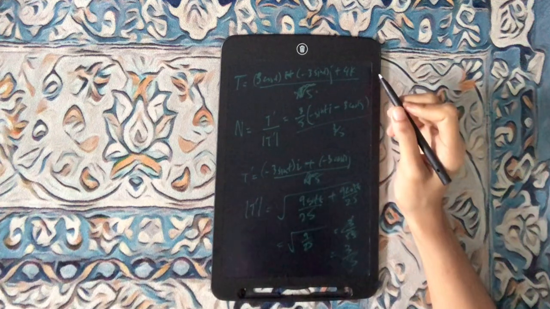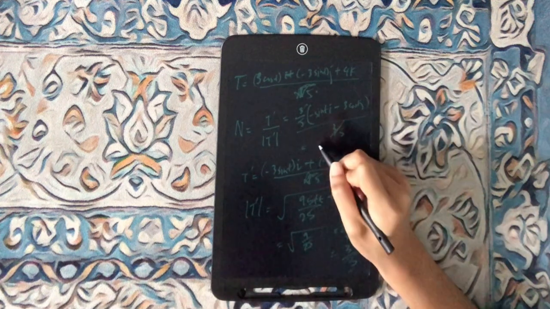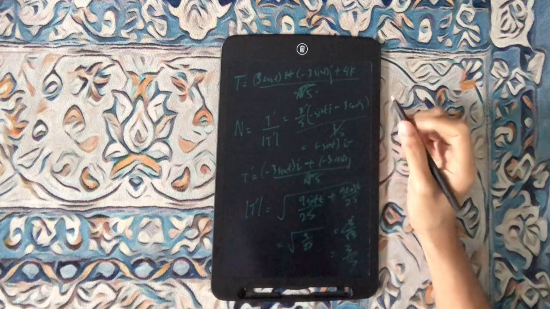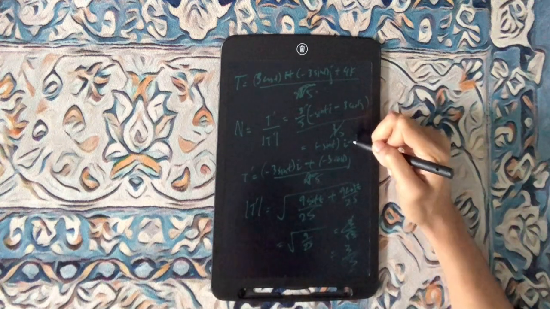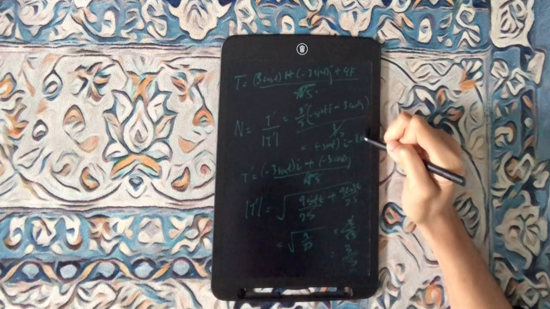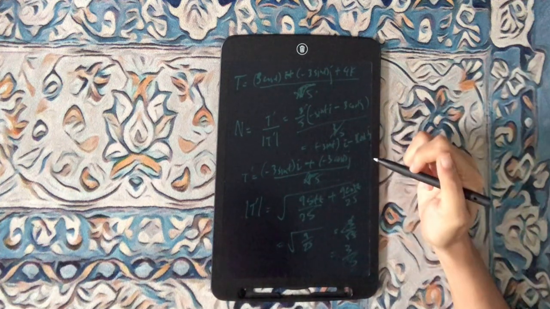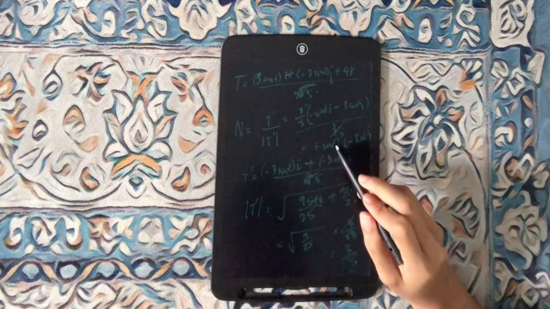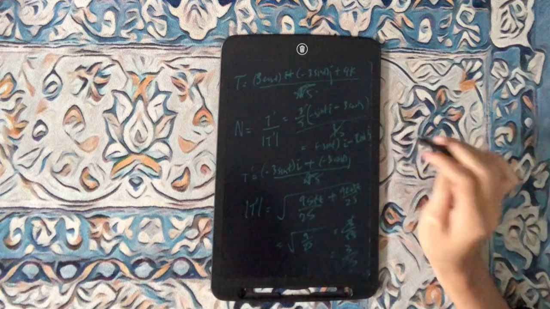So they cancel, which means your N will be negative sin t i minus cos t j. I just repeat again, negative sin t i minus cos t j. So that one will be your N.